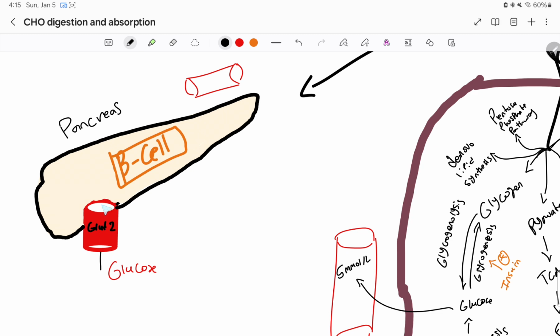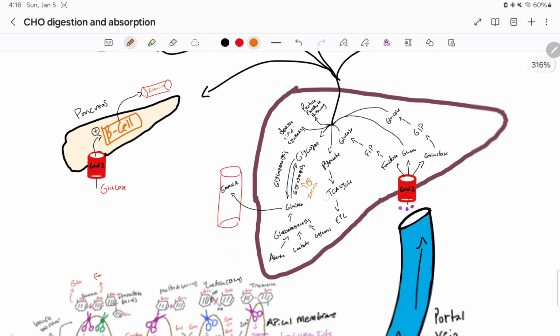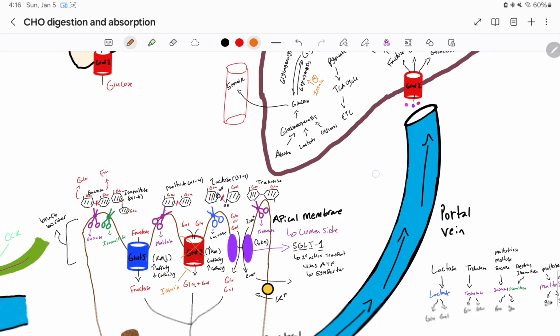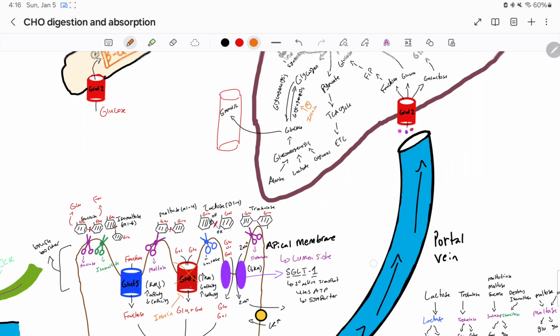So it's going to take in glucose, and that glucose is going to stimulate the beta cells of the pancreas. You know the beta cells of the pancreas make a specific hormone called insulin. Then that insulin will go to the liver and stimulate glycogenesis, and it would stimulate the removal of the apical membrane GLUT2 transporter. Cool.